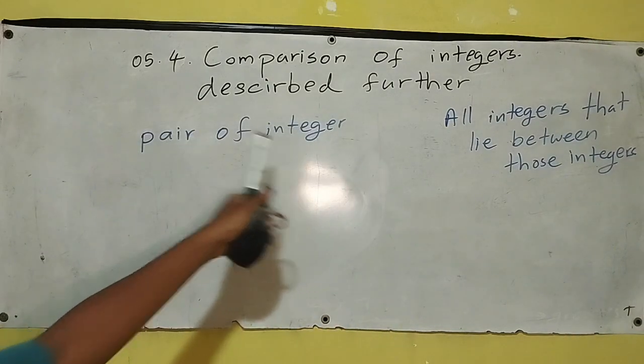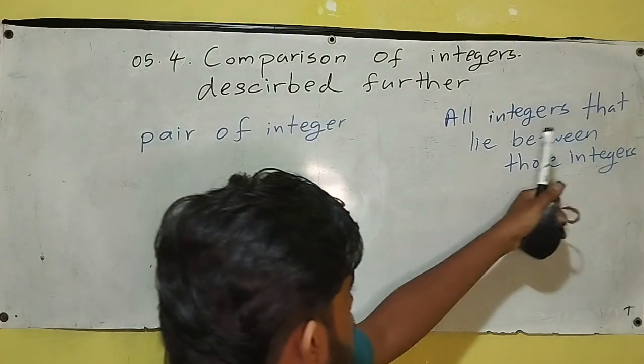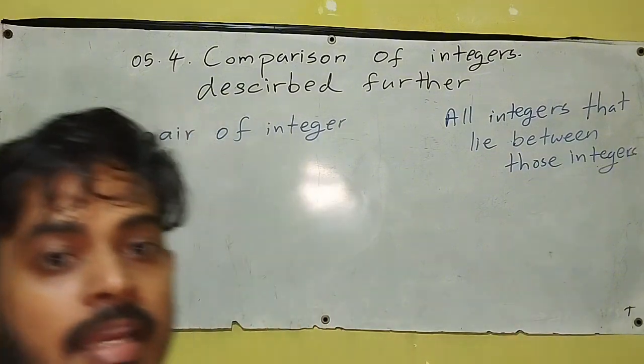Pair of integers. All integers that lie between those integers.